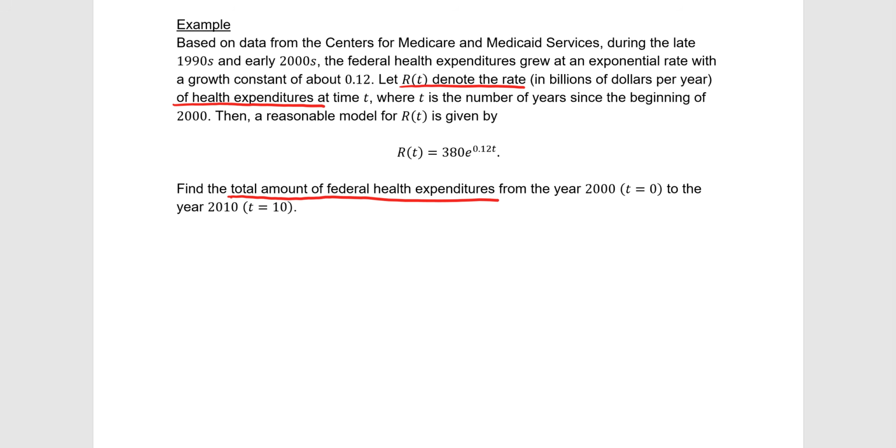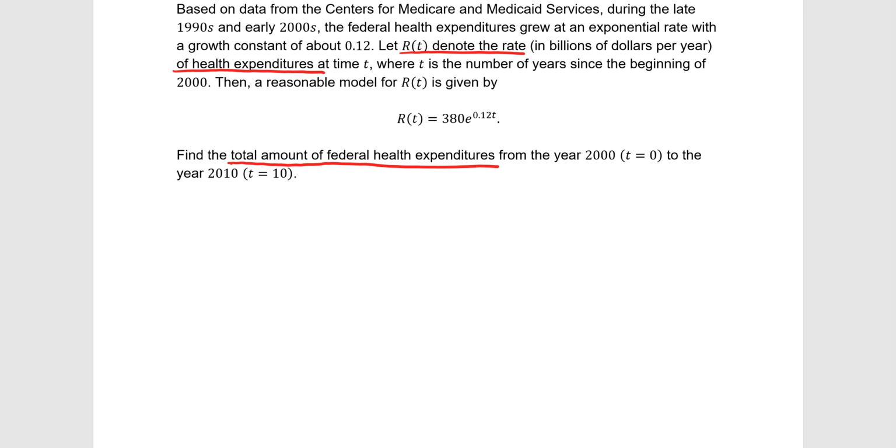So what I'm going to do is let capital T of t equal the health expenditures from time equals 0 until time t. So that means we're going to have to take the integral of the rate, r of t, to get T of t.